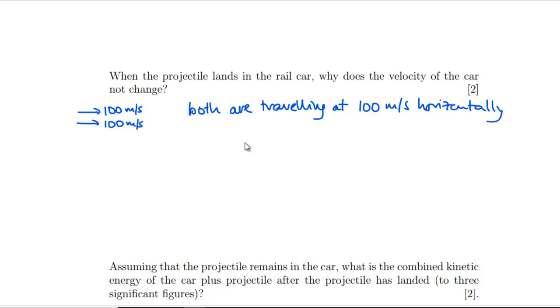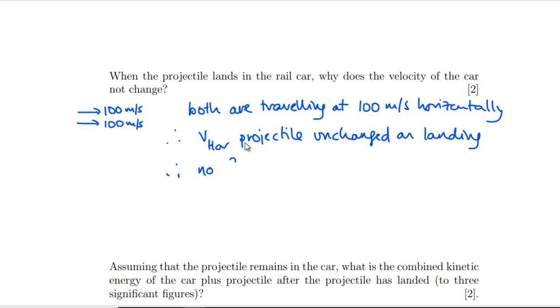So we're saying, why does the velocity of the car not change? Therefore, v horizontal for projectile is unchanged on landing. Let's try and get a sort of chain of reasoning here.